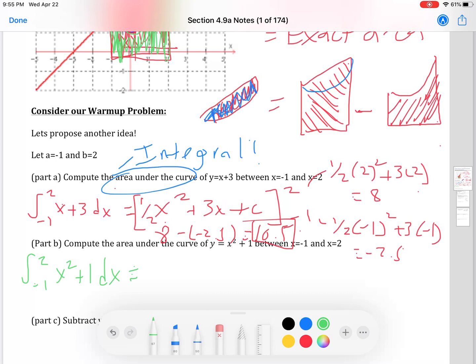When we take this integral, we get one third x cubed plus x, plus c, going from -1 to 2. When we evaluate this, we get one third times 2 cubed plus 2.